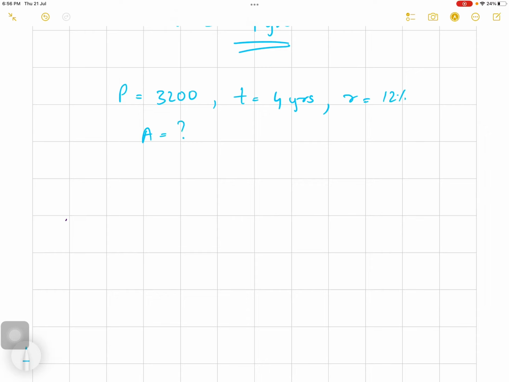Fine. Let us find simple interest. Simple interest is equal to P into T into R. P is 3200 into T, 4 years. R is 12%, so 0.12. Or you can do 12 divided by 100, it's same.